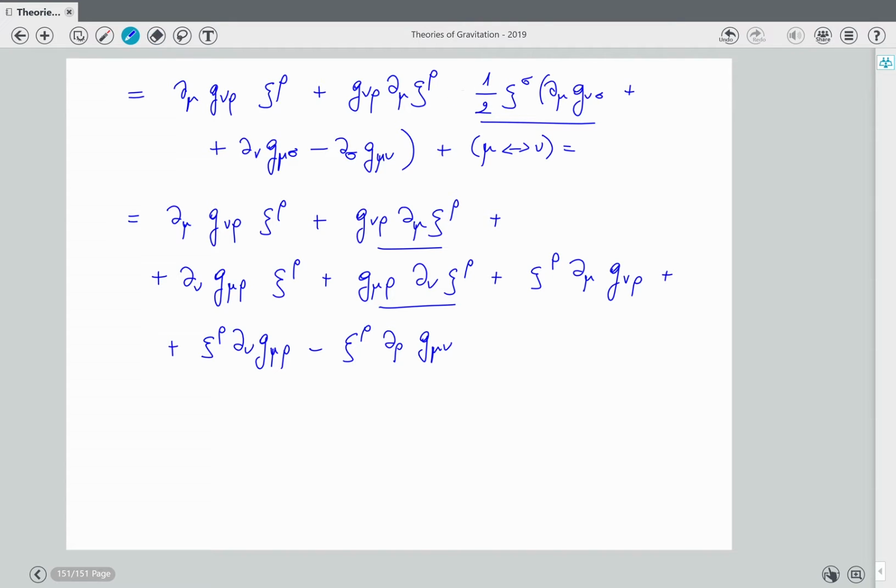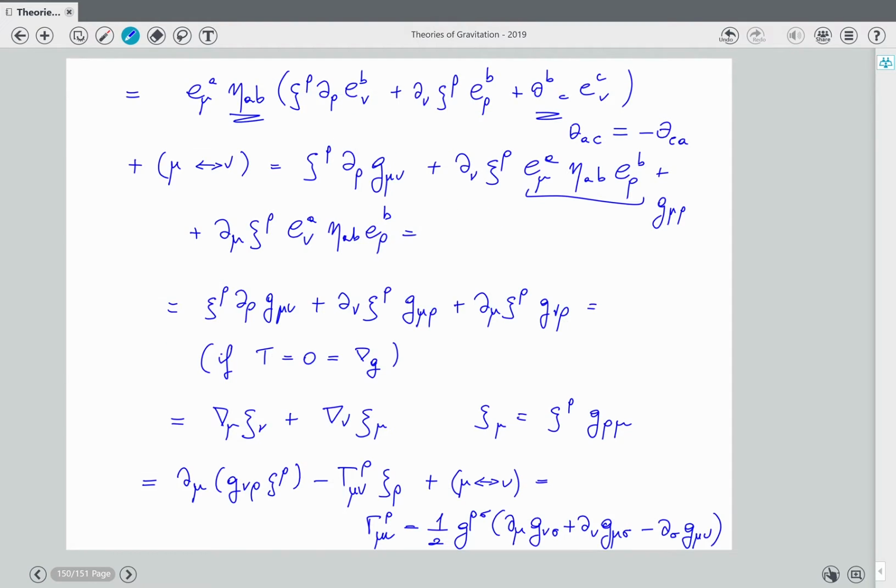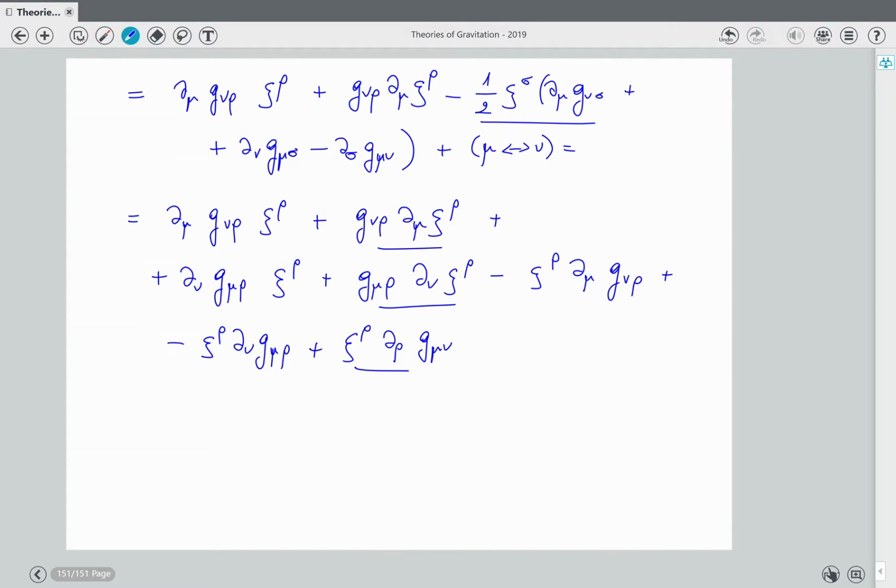We have to change the sign there, and we have to change the signs here, and plus. So these three in column are the ones we expect, and the other two should cancel. Let's check. Psi rho partial mu, this cancels with that, and this cancels with that. Okay.